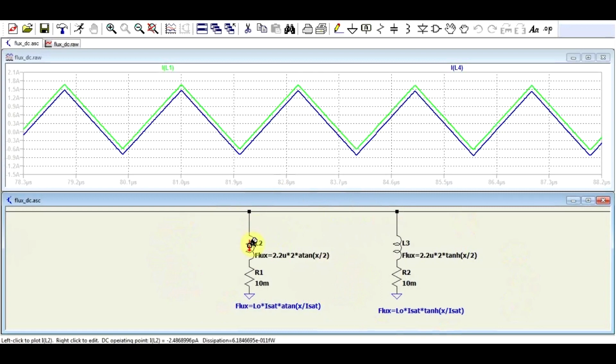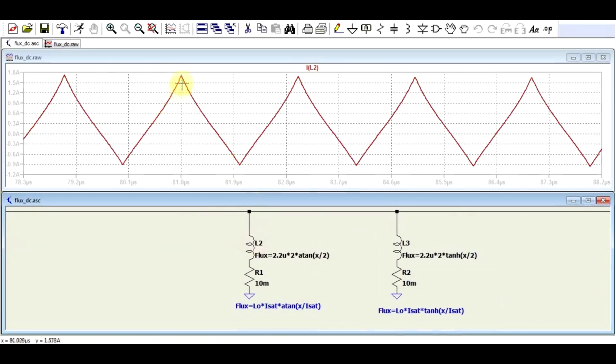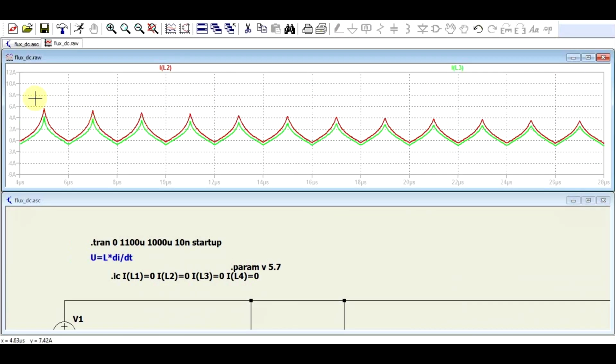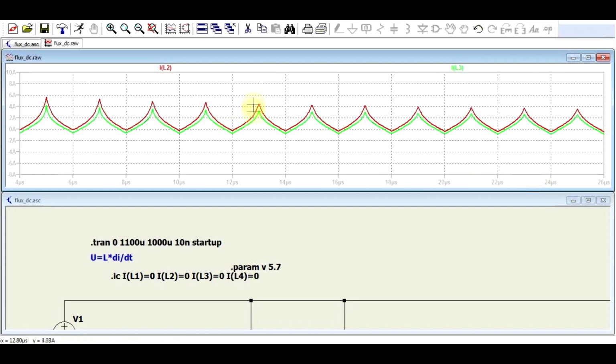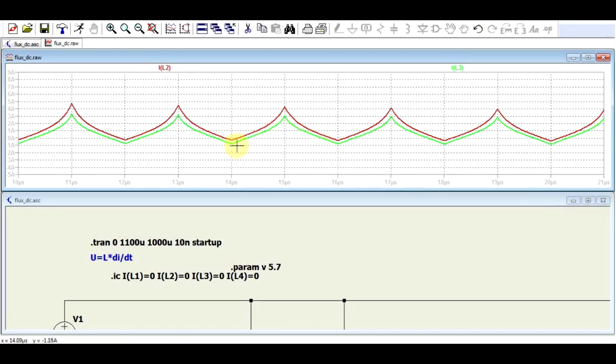And by using these expressions, you can see that you no longer have a perfectly straight line, but rather you have these arcings. And with the other one, it's roughly the same behavior. So if you use higher currents, then you will see this a bit more clearly. But now you can clearly see how the saturation is being expressed in the simulation.